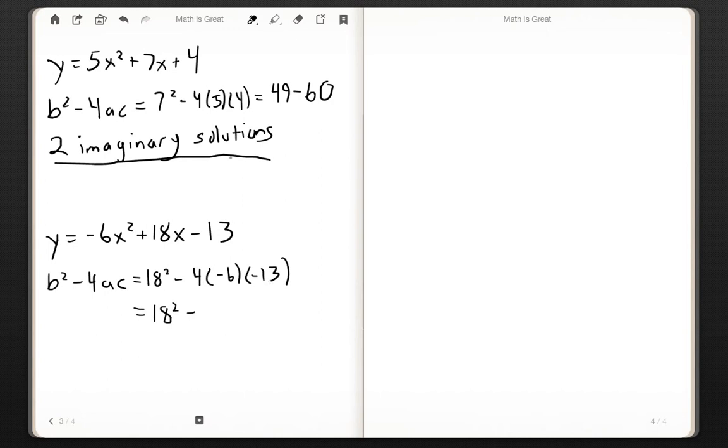Actually, we're probably going to end up having to solve this. So let's just do that now. The 18 squared, do a little bit of long multiplication over here. Okay, so that's going to be 324 minus, this is 24 times 13.